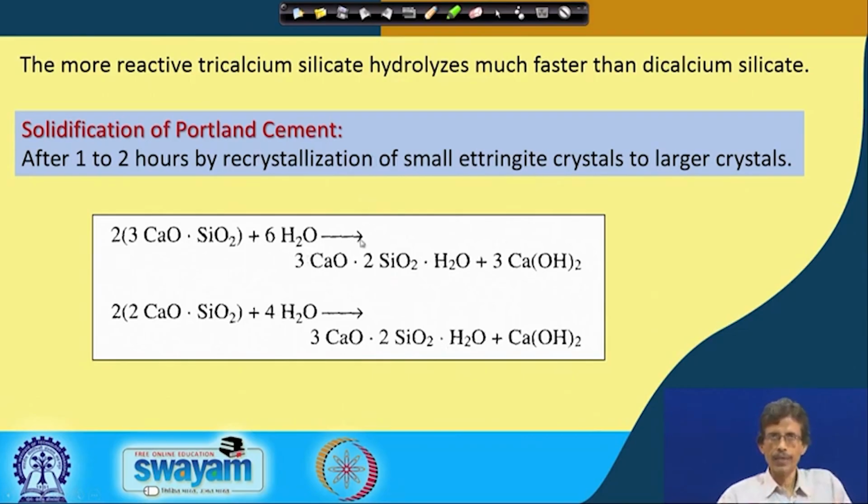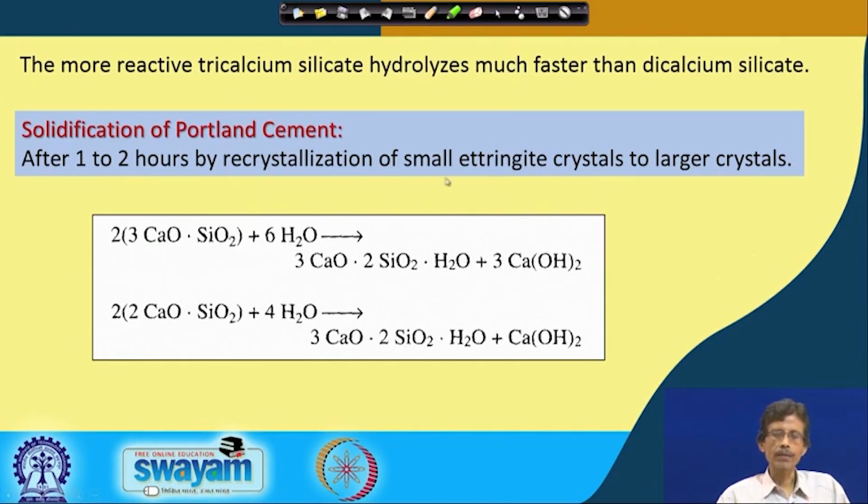In both cases, the amount of calcium hydroxide that forms, the lime or the slaked lime, which we consider as calcium oxide plus water, that means calcium hydroxide, will be different.